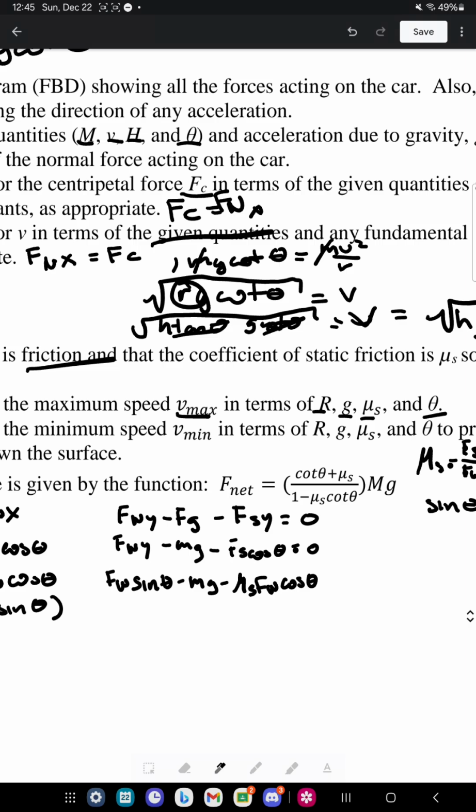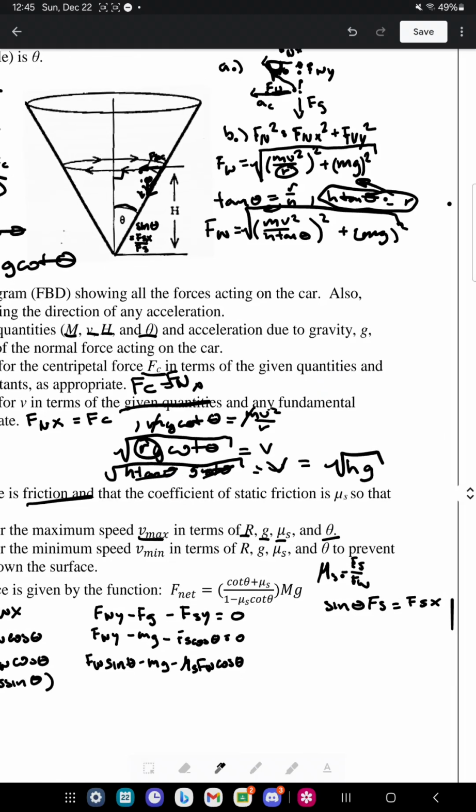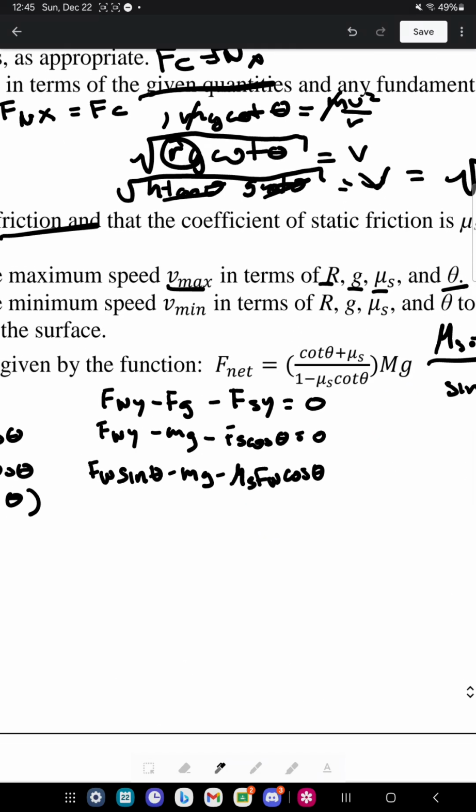And the reason why I can use F of n is because that's how you solve for friction. Mu s equals F of s over F of n, and so I'm going to solve for F of n by adding mg over and then taking out the F of n from the remaining two terms and then dividing, so F of n equals, let's see, mg over sine theta minus mu s cosine theta.